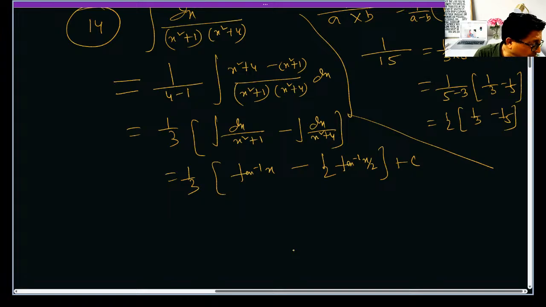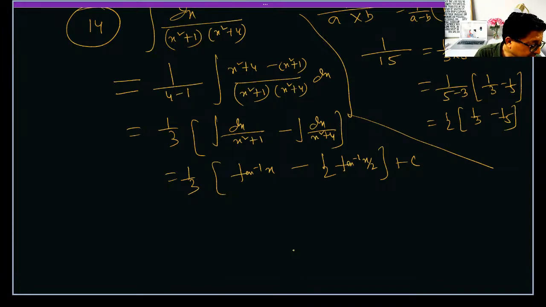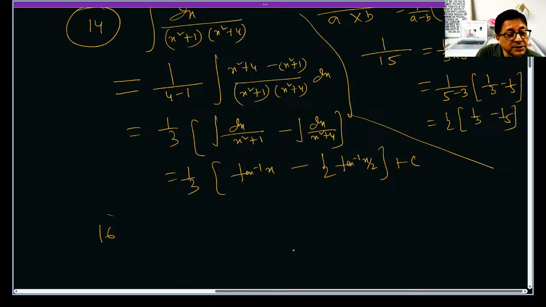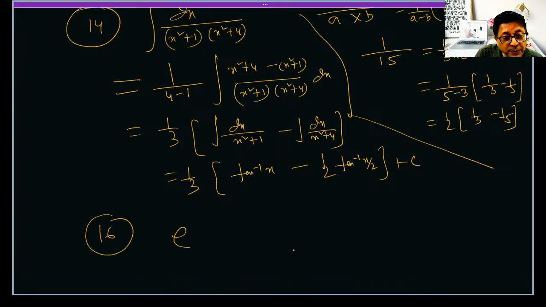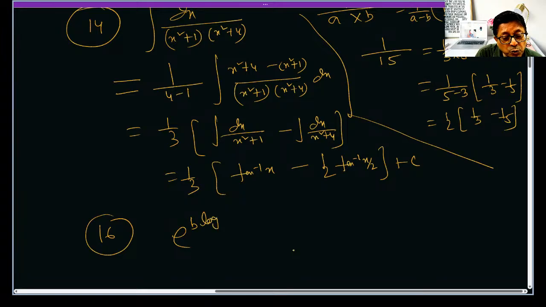Another problem, as my experience goes, students of pure mathematics suffer. I just wish to remind you, this e to the power, I told you earlier also, no base is given means e base is there. It will be simply e to the power log a to the power b.